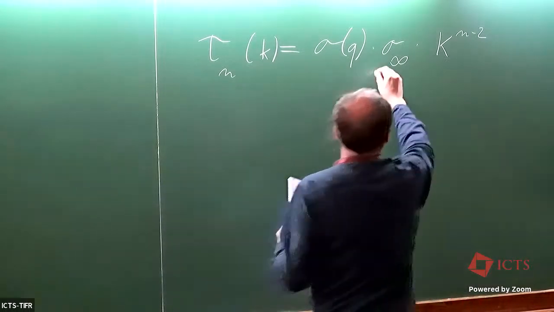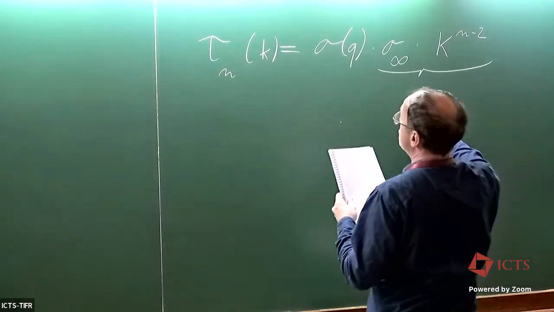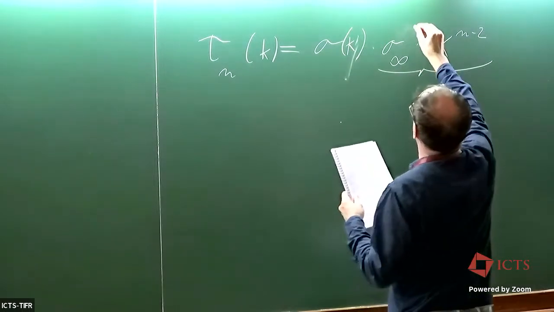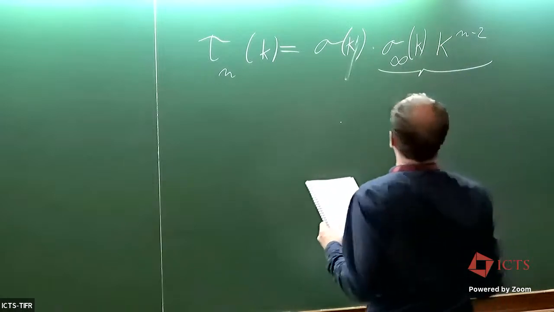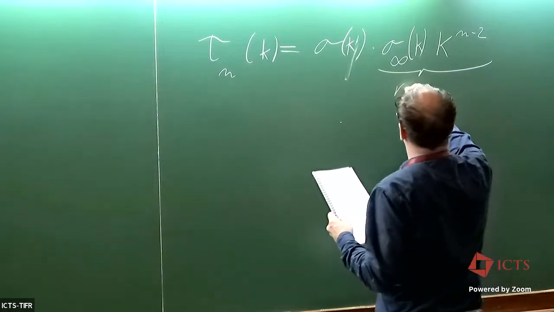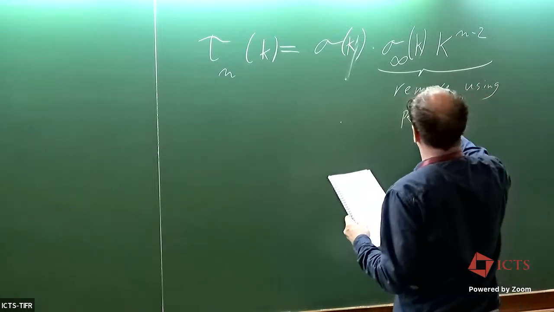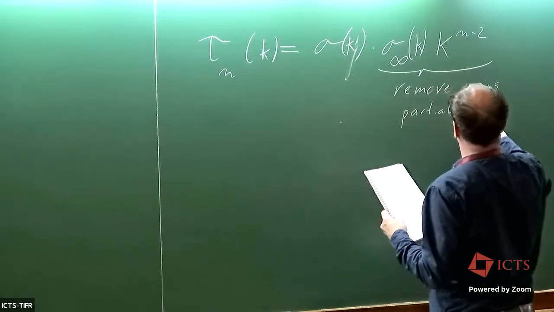Okay, so then this part you can remove using partial summation. Okay, that is k here. So actually here also this depends on k. Remove using partial summation in the end.